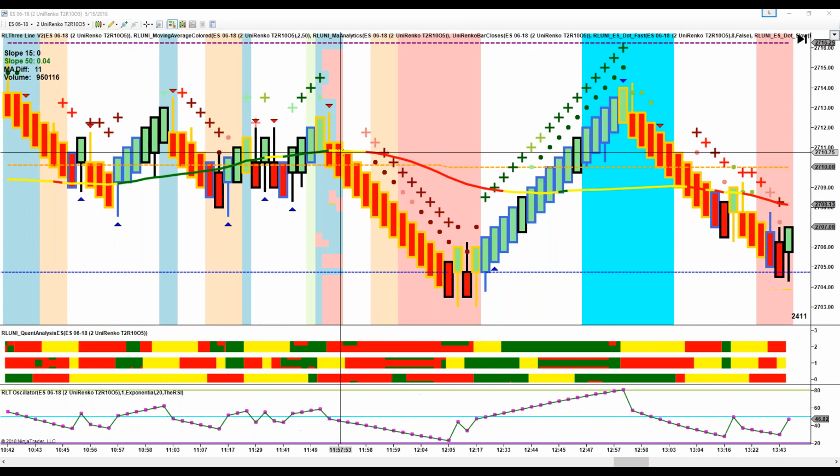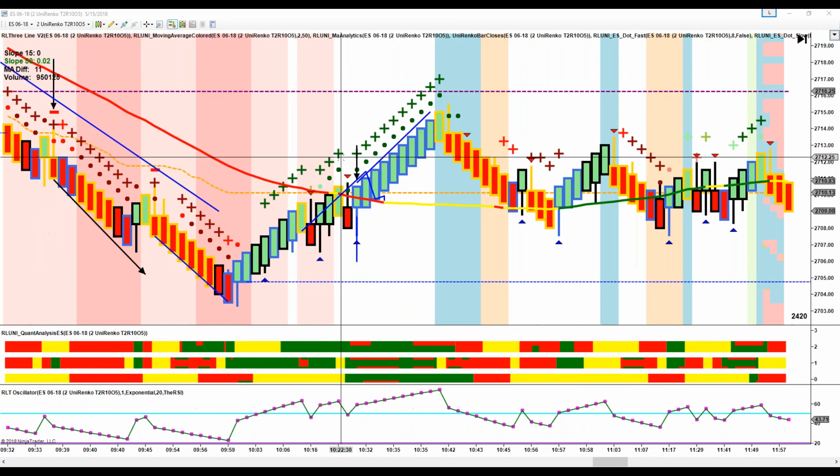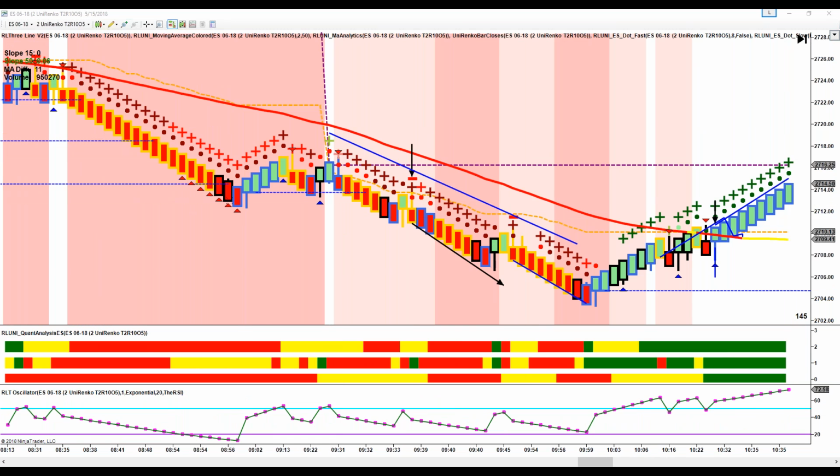And there are times when crude, like right here, see how crude makes these multi-candle moves up? The dots stay dual red, which tells you not to go long. Take the roll. Here the dots stay red. Here you get one green fast, but that slow dot stays red.